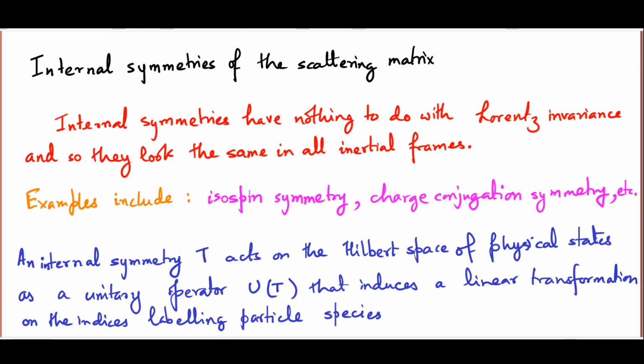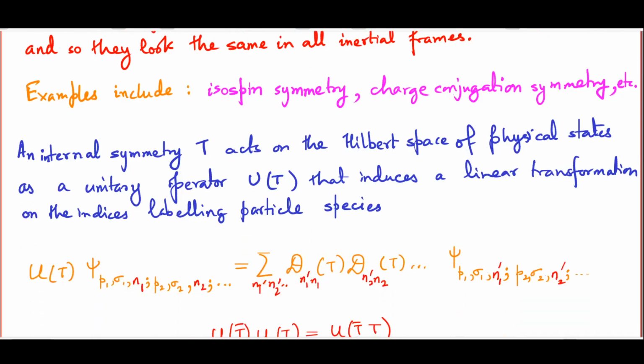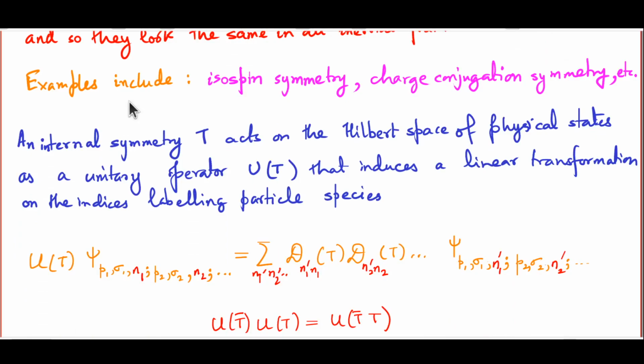In other words, U(T) acting on a state psi described by a bunch of labels, p1 sigma1 n1, p2 sigma2 n2 and so on, basically produces a linear combination of states with the same momenta and same spin components.